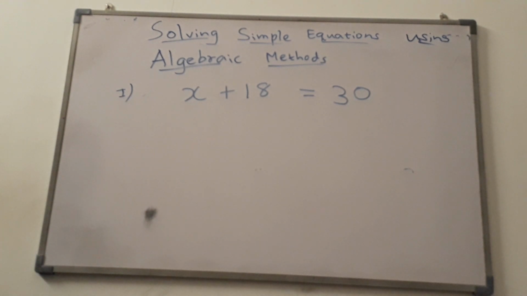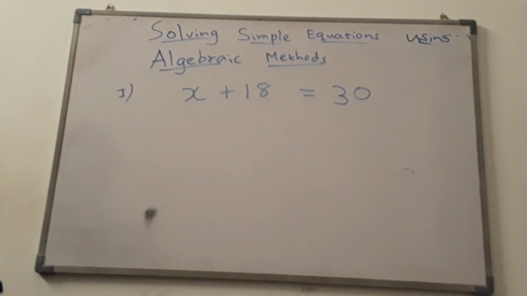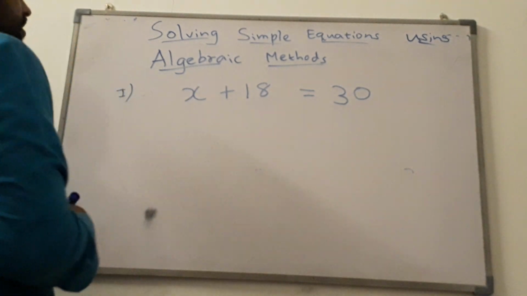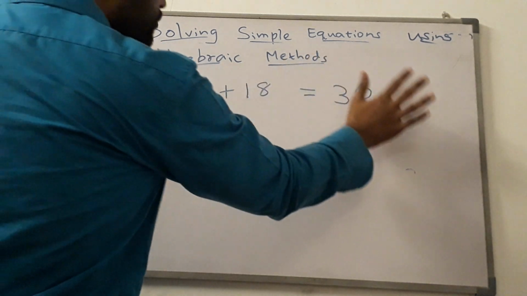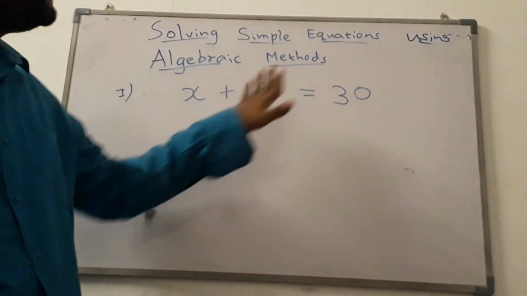So first of all, we will take this example and see how to use the algebraic method to get the solution for x. Here, left hand side is equal to right hand side. Left hand side is x plus 18, and that is equal to 30.